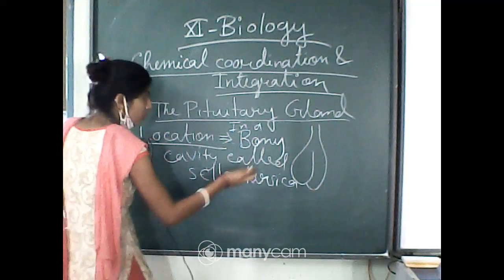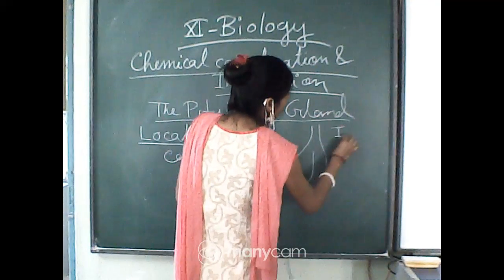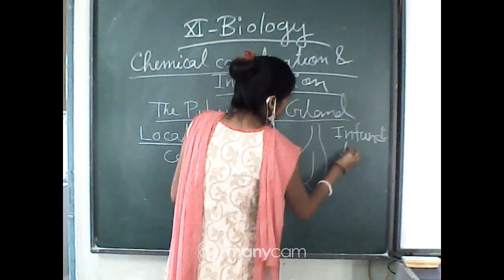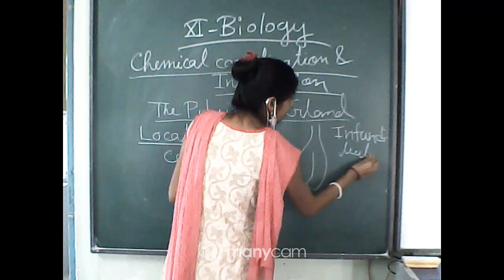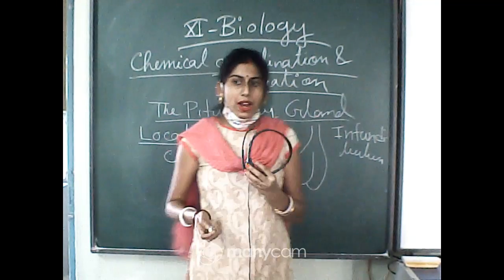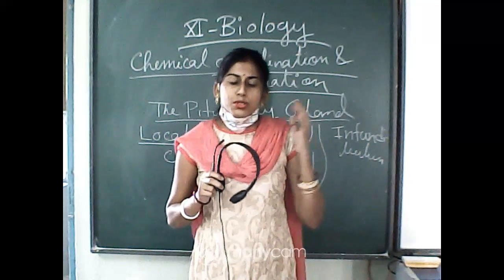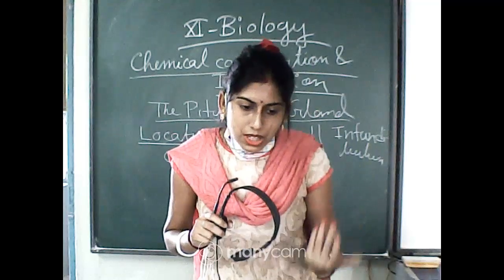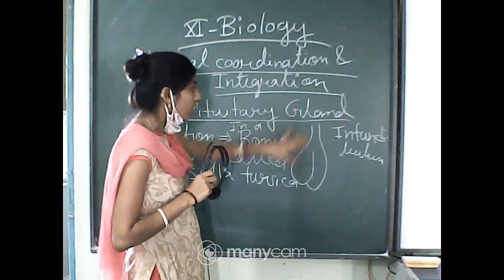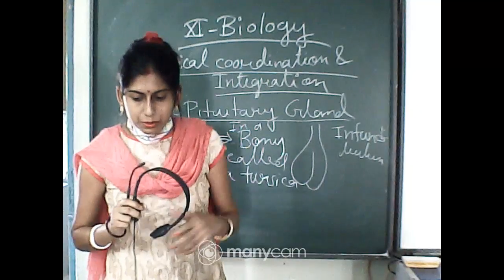So if this is the stalk, we can call it infundibulum. Okay. So above this portion we will find the hypothalamus. So pituitary is attached with the hypothalamus with the help of a stalk which is called infundibulum.